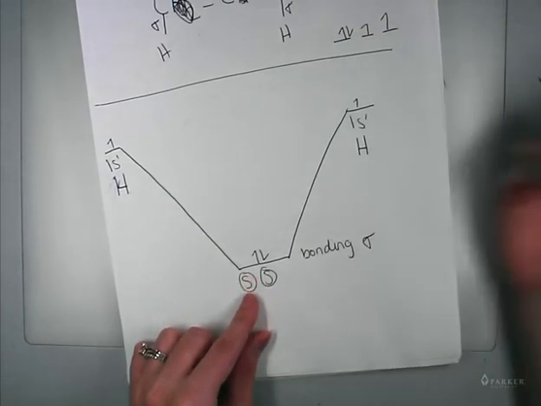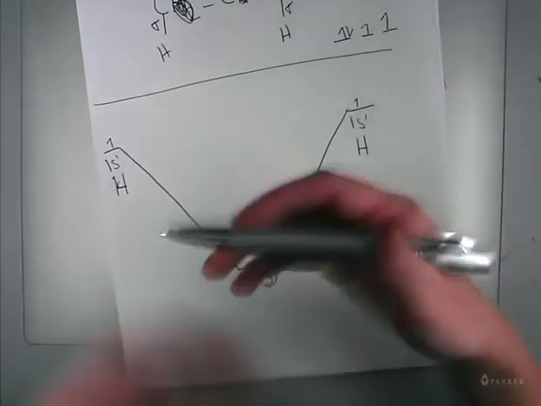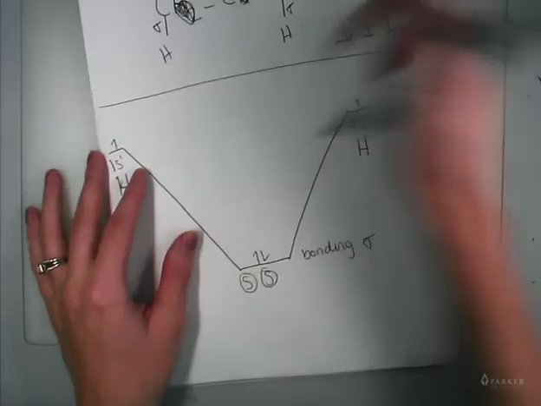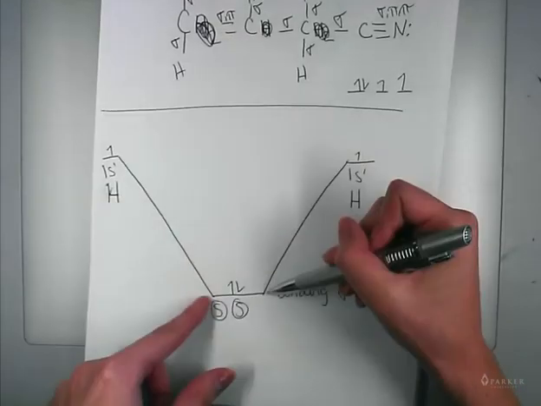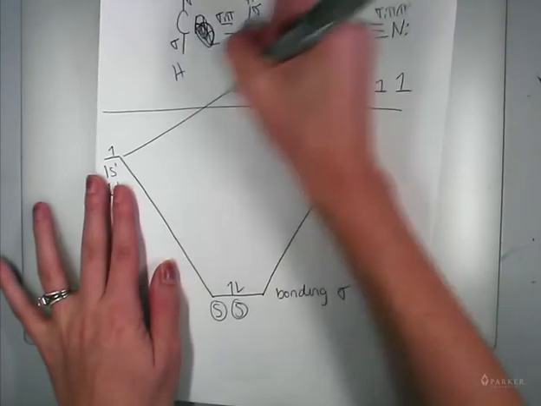But what's the other way I can always combine them? The destructive, right? Anti-bonding. Not that that's ideal, but they can. If bonding is lower energy, the anti-bonding would be higher energy.